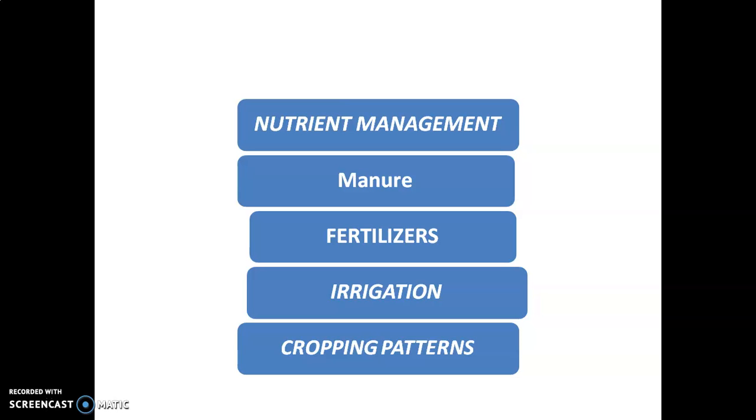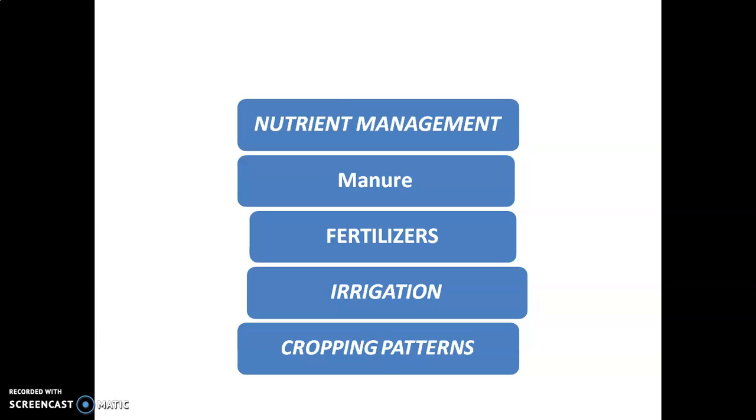First one, nutrient management. We have to manage the amount and quantity of nutrients in the soil well. Then, addition of manure, addition of fertilizers, irrigation methods, and cropping patterns. Which are the 5 approaches, children, coming under crop production management or to increase the yield?